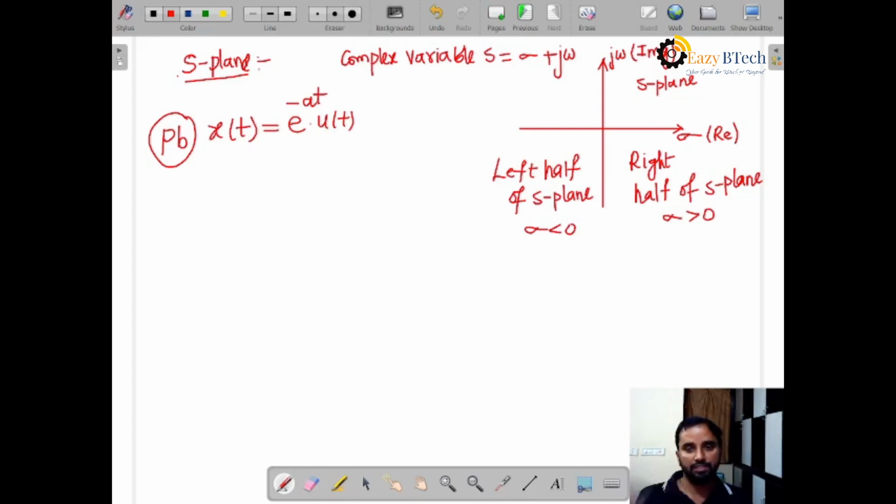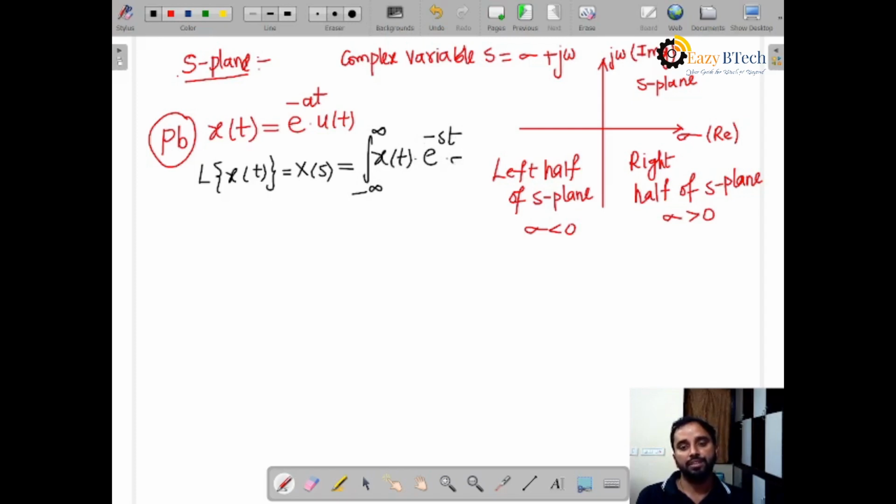So ROC is first, then Laplace is next. We know the Laplace transform formula: the Laplace transform of signal x of t is capital X of s, equal to the integral from minus infinity to plus infinity of x of t into e to the power minus st dt. This is the Laplace transform formula.